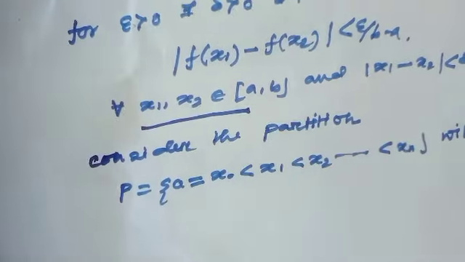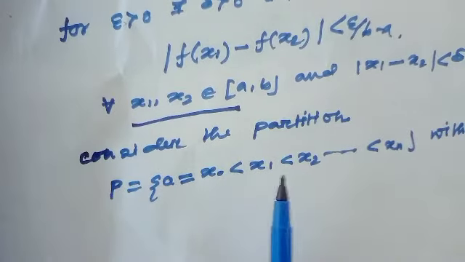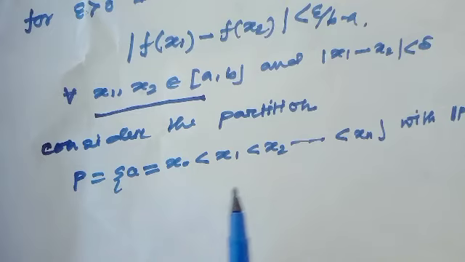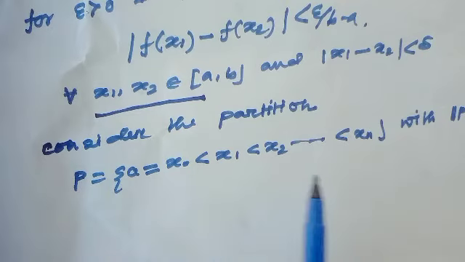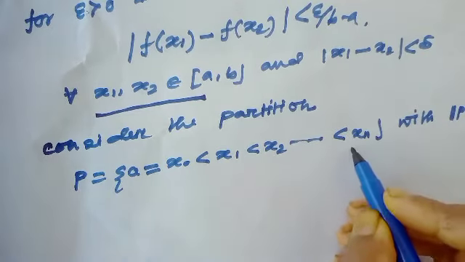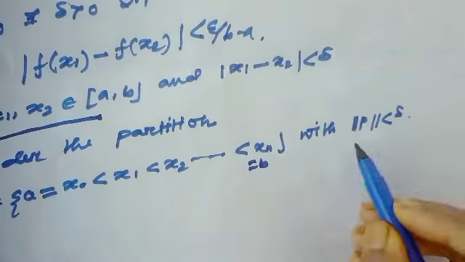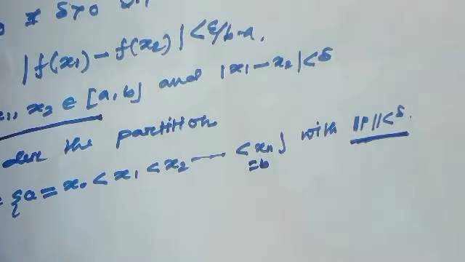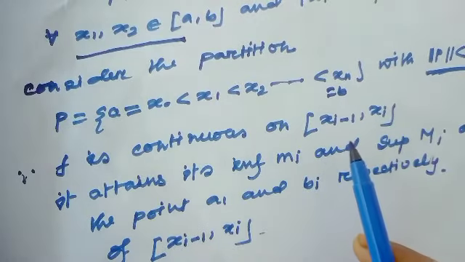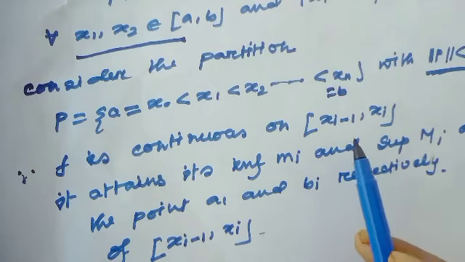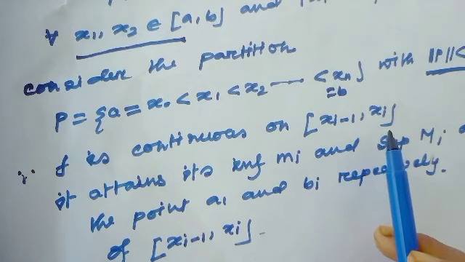Consider a partition P, which is a equal to x0 less than x1 less than x2, and so on, less than xn equal to b, with the condition norm of P less than delta. Since f is continuous on the closed interval, consider the subinterval from x(i-1) to xi.